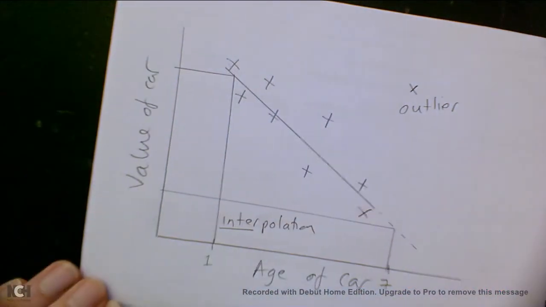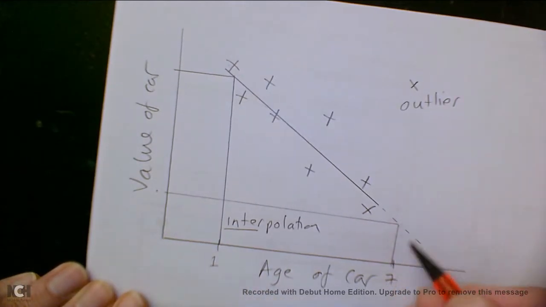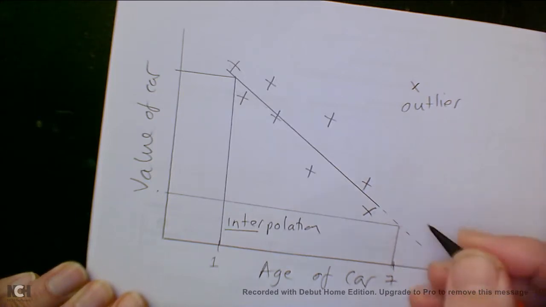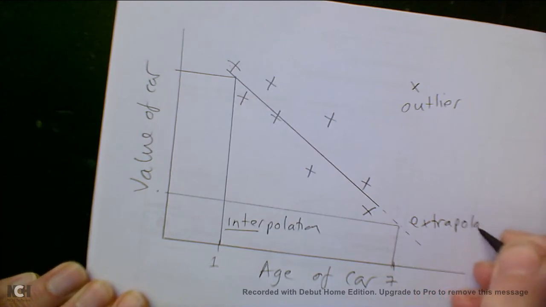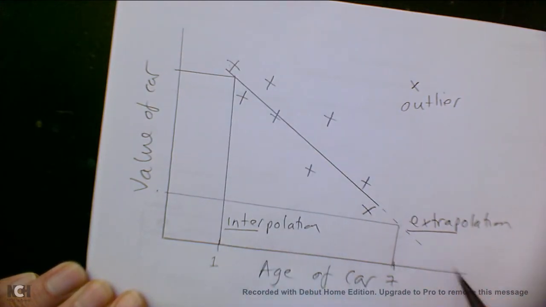So you would be estimating the value to be this. So if you're asked to find the value of a car which is 7 years old, what you're doing there is what they call extrapolation. Extra means outside of the poles of the data. Extra as in maybe extraterrestrial.